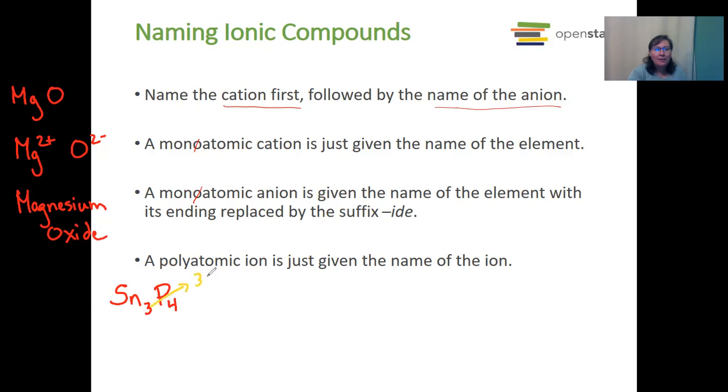That 3 there means that you probably have a 3- charge up here, and this 4 probably means that you have a 4+ charge up here. So that means that Sn3P4 is made of an Sn4+ and a P3-. Then you look on here and you see Sn4+ is tin 4 and P3- is phosphide.